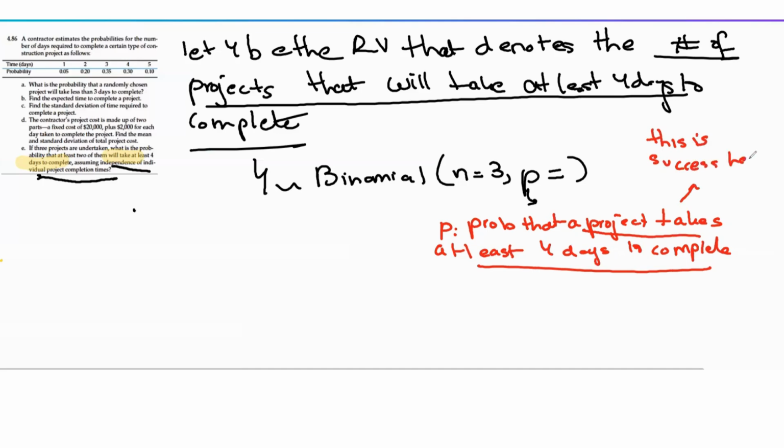So we essentially want to find the probability that x is greater than or equal to 4, because x represents the number of days it takes to complete a project.